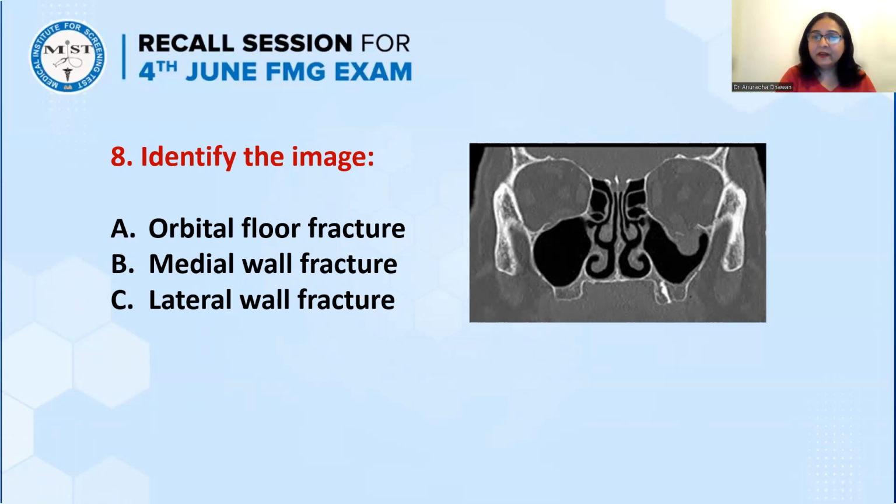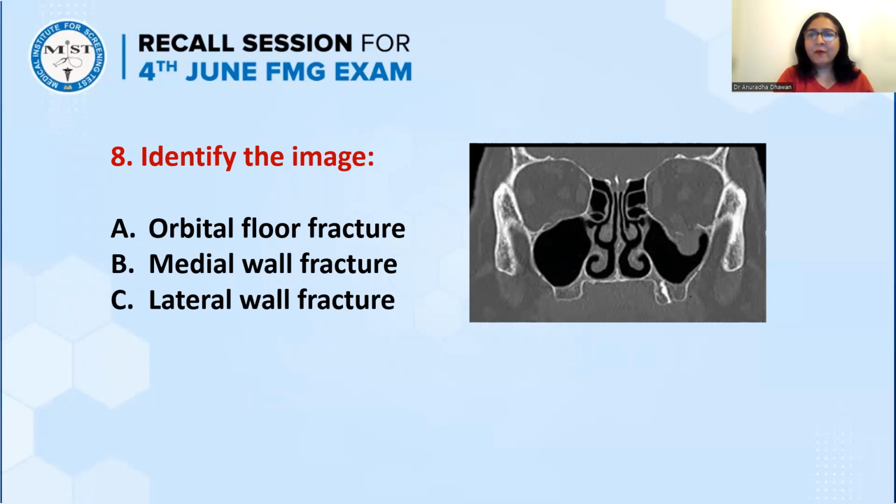Here you notice a fracture of the floor of the orbit, and you see the characteristic teardrop sign due to prolapse of the orbital contents into the maxillary sinus. Whatever way the question was, most likely you had to identify that it is the orbital floor fracture or the blowout fracture. Pretty straightforward question.